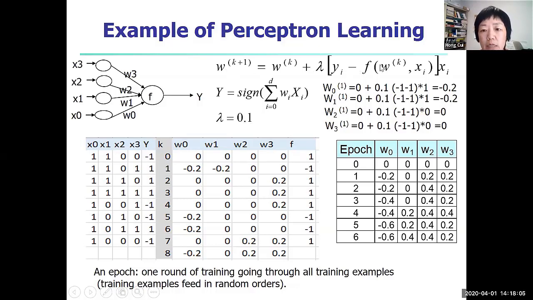Our weight updating function is given here. Initially we have a random set of weights. We set it to be 0. And then we read in the first example. The first example is 1100, and our label is -1.